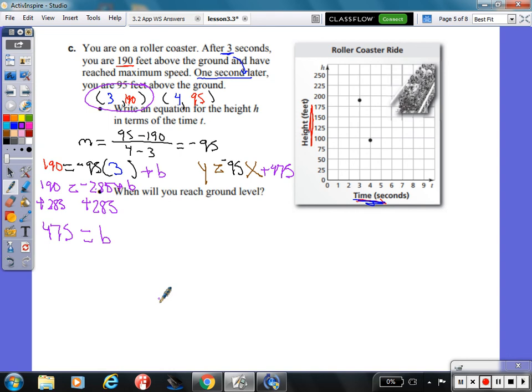Yet again, it asks when, so it's looking for an x value. Will you reach the ground? Well, if we're on the ground, our height is 0. So use that equation, plug 0 in for your y value, and solve for x. To get x by itself, we get rid of that addition first, so we'll subtract the 475 from both sides.